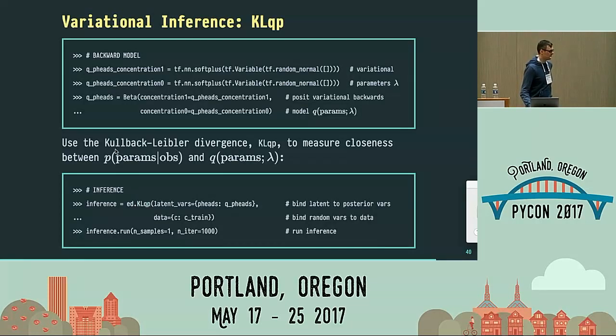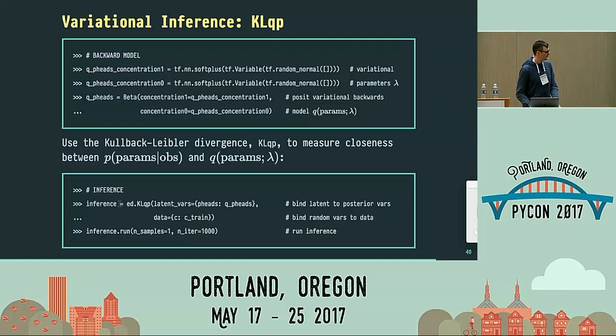KL stands for Kullback-Leibler, and the whole thing is called the Kullback-Leibler divergence. It's just a measure of closeness between two probability distributions, here P and Q. If this is 0, it means they are the same. If it's positive, it means they're not the same, and the larger it is, the less similar they are.